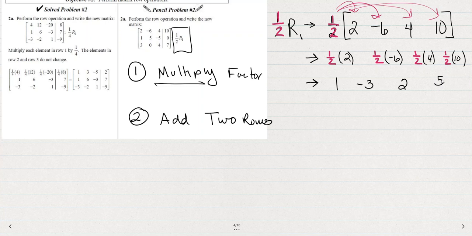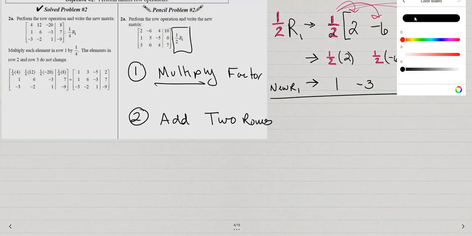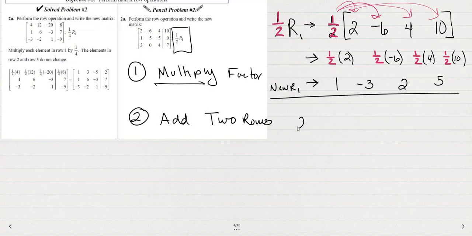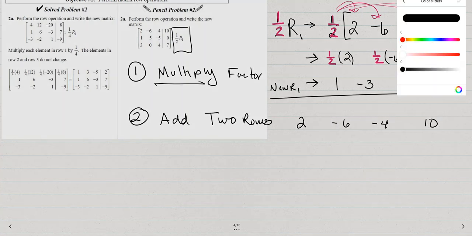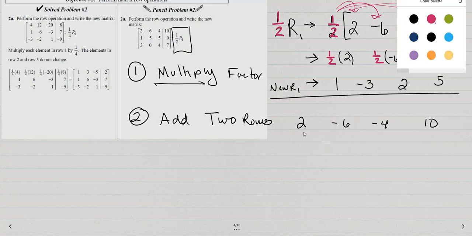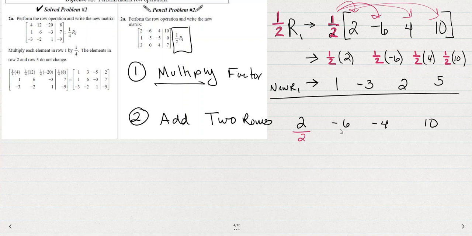Now, another way to see this would look like this. If I wanted to do 1/2 row 1, and this is going to be the new row 1, if I were to go back to my original row 1, here's one other way to show it. I could write my row 1, 2, negative 6, 4, 10, and to multiply by 1/2, I could just show it divided by 2.